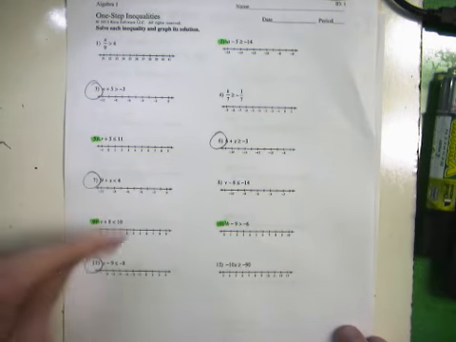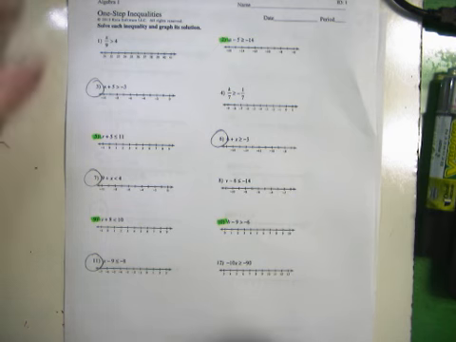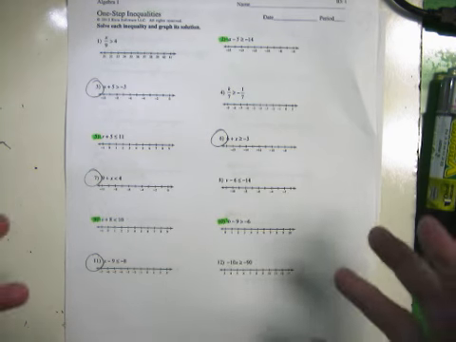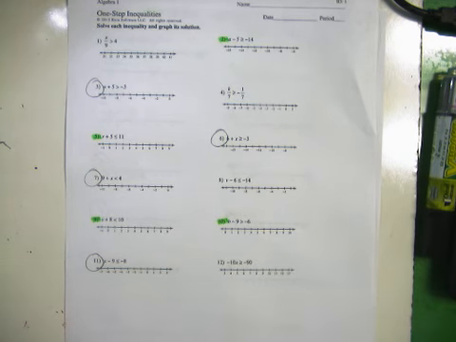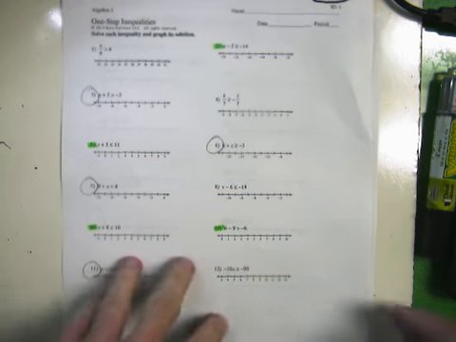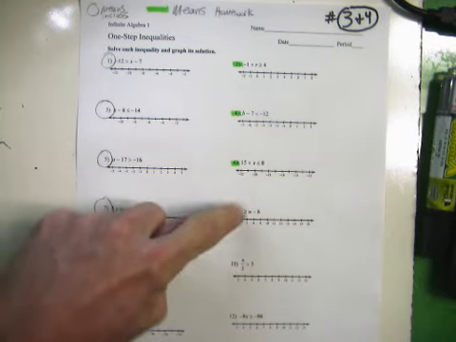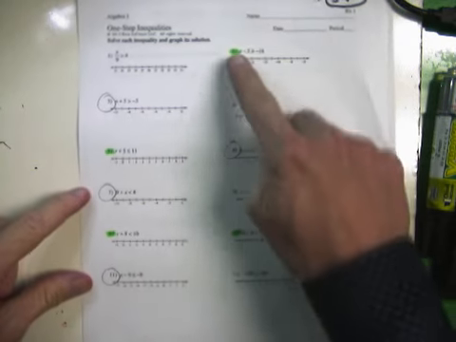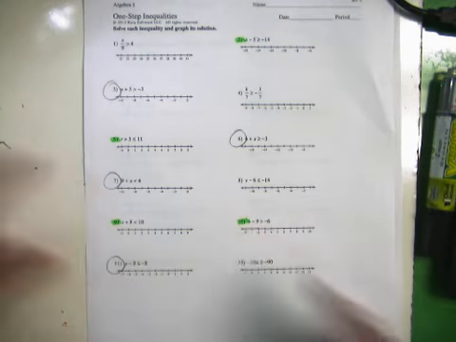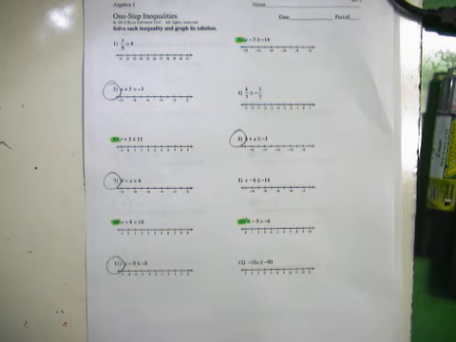Same thing, the circled ones are the ones that I would like for you to work on in class. After you do those, I have the answer key up on the board, and you can check your answers with the answer key or with the sub. And then for this weekend's homework, the ones that are highlighted, those are the ones that I would like for you to do. And those will be due on Tuesday.